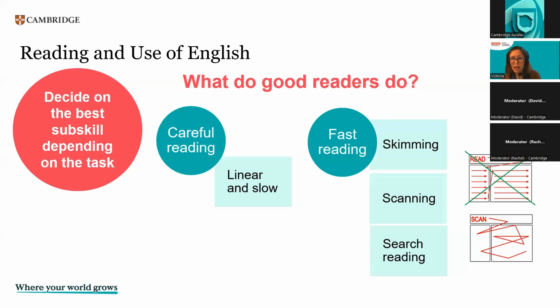So skimming, reading quickly to get a general idea what the text is about; scanning, reading quickly to try to identify specific information, specific data; and then search reading, which is also reading quickly, but trying to identify areas where a topic is being discussed. Okay, so the combination of both, being able to know when to use which one is probably the key.